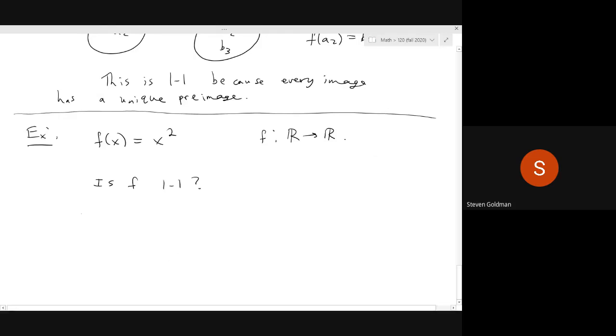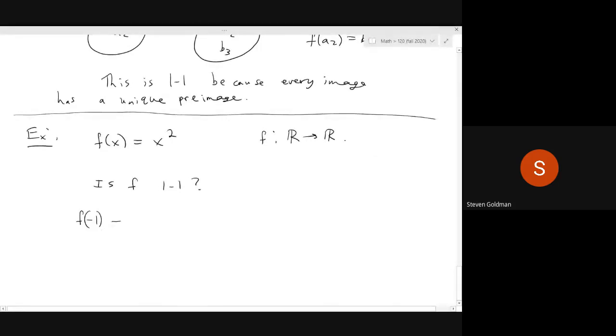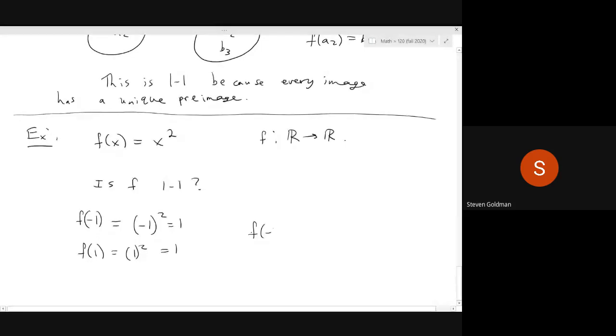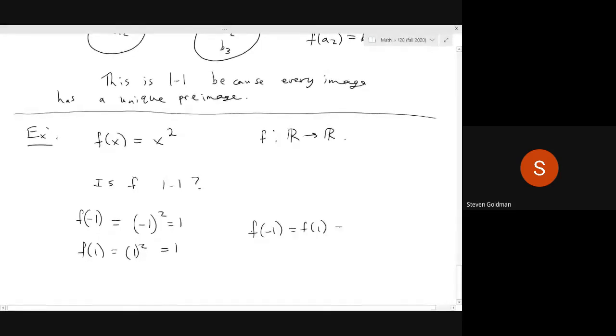So for this function, if I plug in -1, what do I get? I get (-1) squared, which is 1. And if I plug in 1, I also get 1 squared, which is 1. So two different x values give me the same y value. -1 and 1 are both assigned 1 from the codomain. So f(-1) = f(1) = 1.